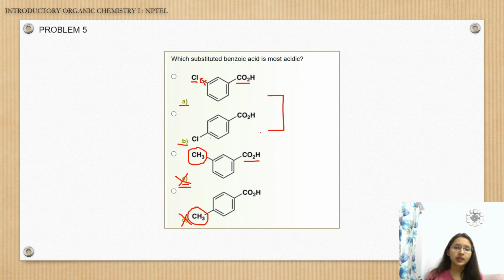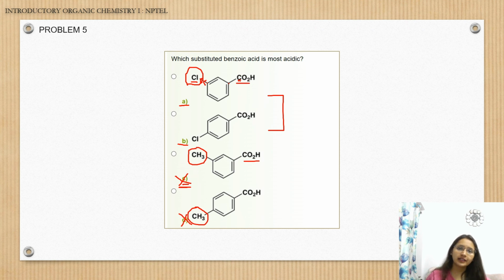So chlorine in option A will show a high inductive effect, and because of that, the carbonyl carbon of the carboxylic group is more electropositive than in B. If there is electropositivity on the carbon, as I've told you, the OH bond becomes more labile, and if it becomes more polar, then H plus is readily available.